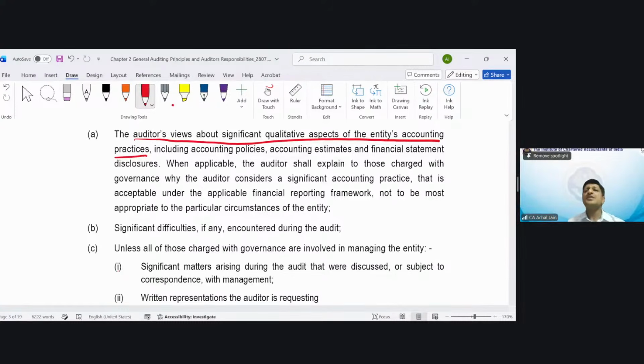And if the process has some areas which require improvement, how will that be possible? Only when it's been brought to their knowledge. And who is the one who's going to help the audit committee? Of course, the auditor. That's why the auditor is doing the audit.